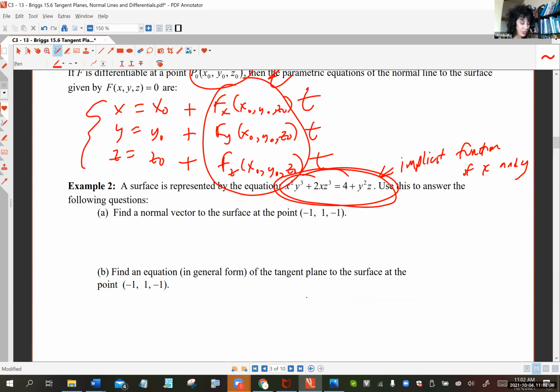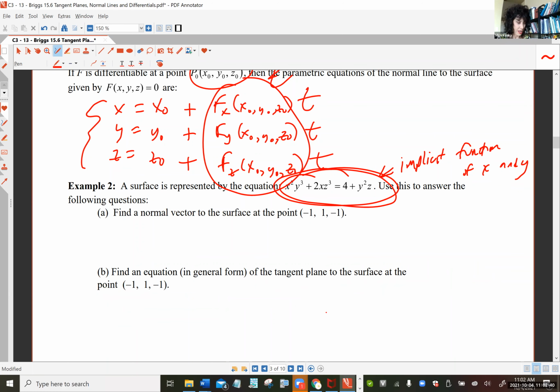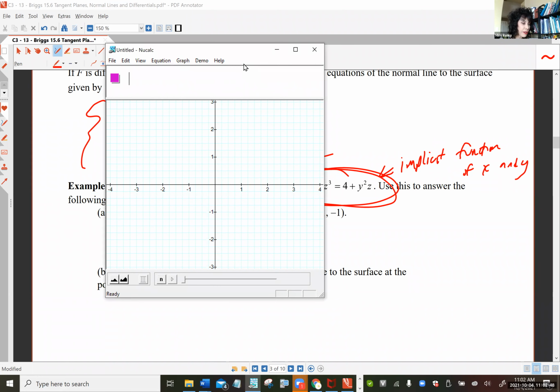And just to prove it to you, looking at example 2 here, I'm going to whip out my lovely graphing software because I can. And here, what am I going to graph? X squared z cubed. Oh, was that a y cubed? Sorry, y cubed. My bad. I've got to read this.